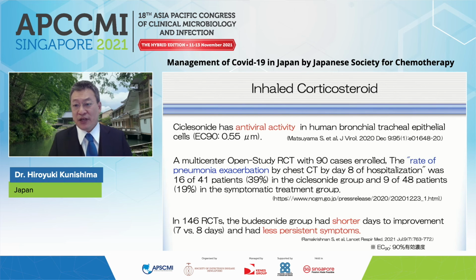Some inhaled steroids have been reported to have antiviral activity. Among them, clinical study results showed antiviral activity of ciclesonide. In addition, more improvement was seen in the RCT of the budesonide group. Further studies are expected in the future as to what kind of patient it is effective for.